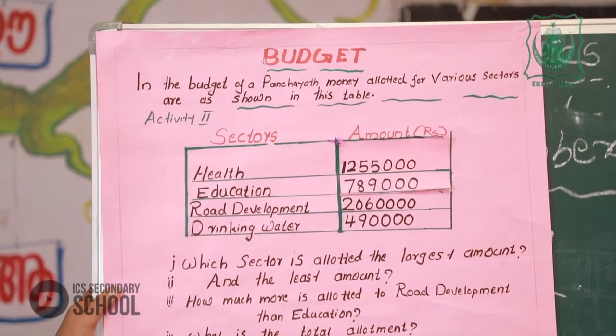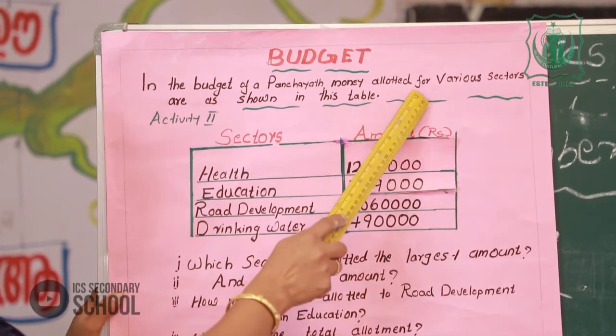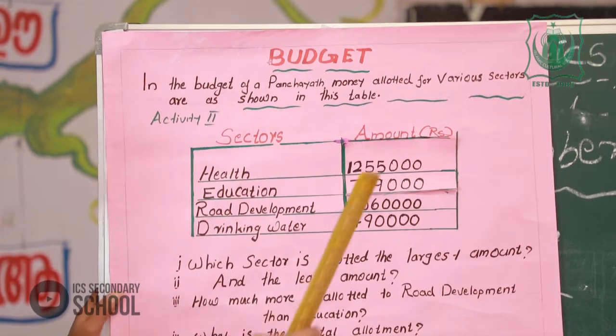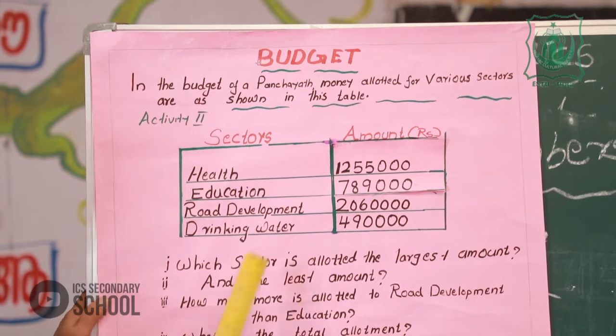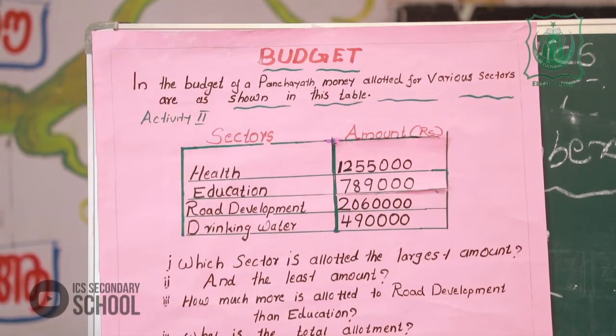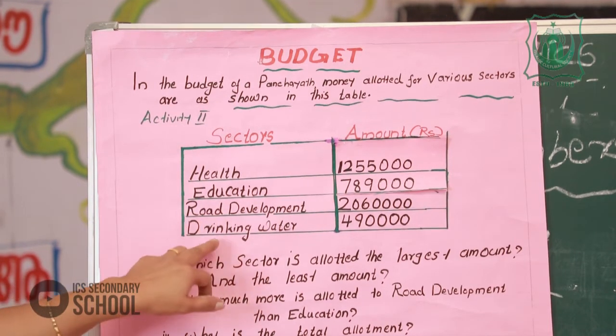Budget. The budget of a panchayat, money allotted for various sectors as shown in this table. Sectors in this part and the allotted amount in this part. The sectors are health, education, road development, drinking water.